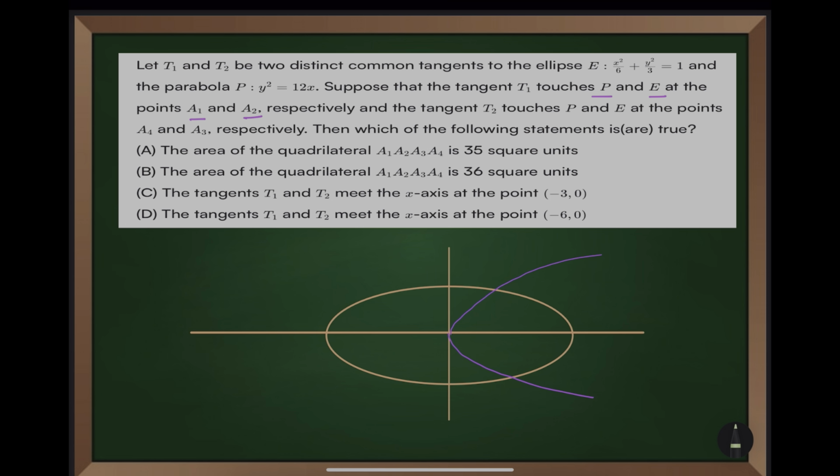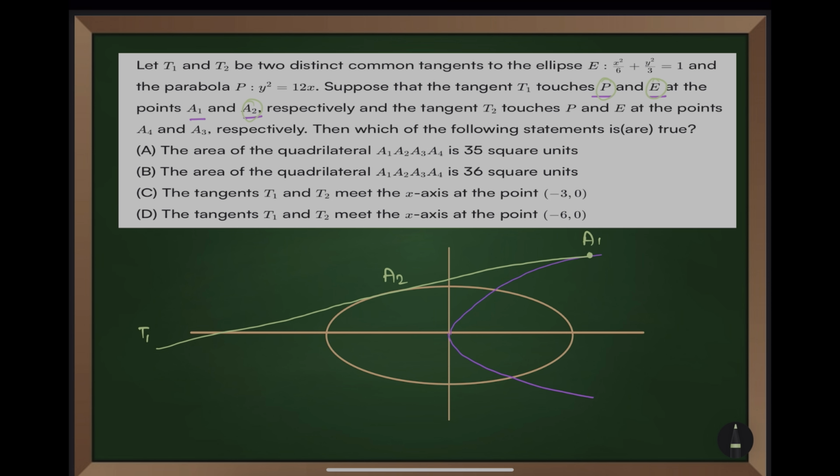So suppose tangent T1 is touching the parabola. Suppose that this is T1. T1 is touching parabola P at A1 and ellipse E at A2. So you got your A1, A2.